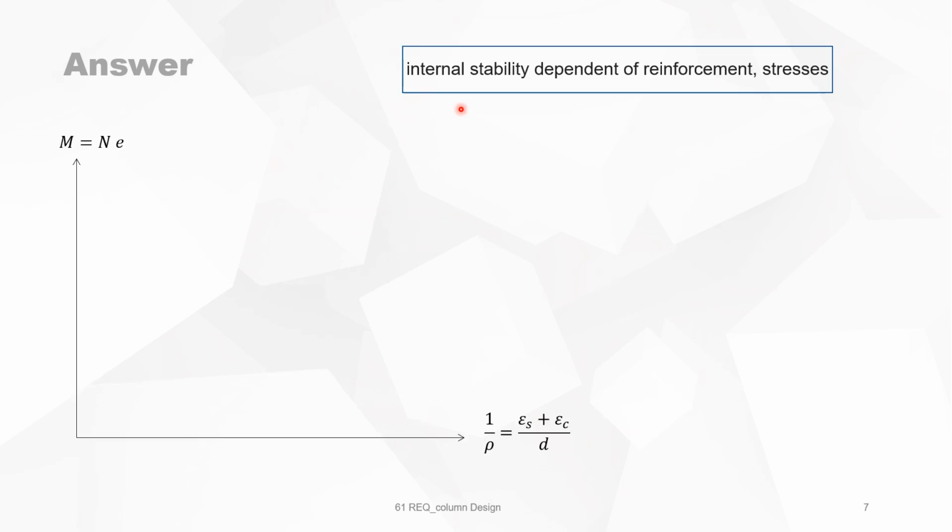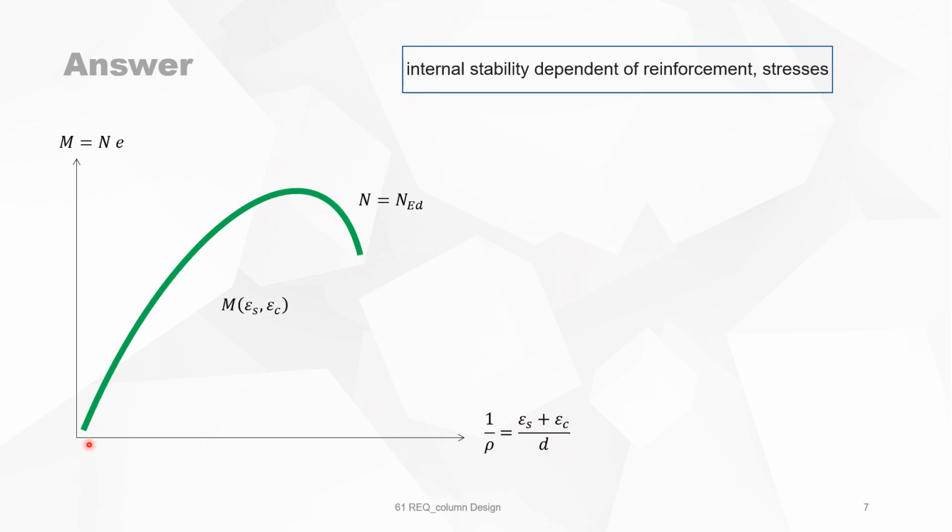Now we will look at internal stability dependent on the reinforcement and the stresses. We have the bending moment M and the curvature, but we know that the curvature is always the strain divided by the effective depth. So for a certain value of the normal force, we can make that relationship.